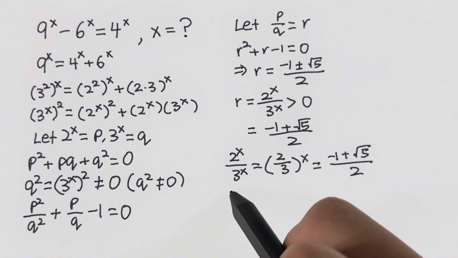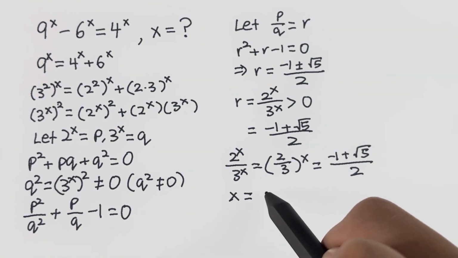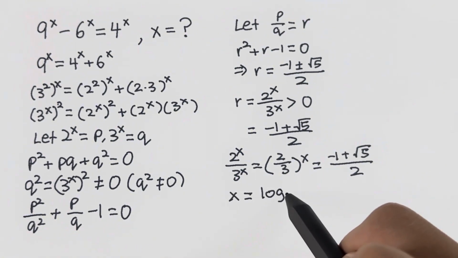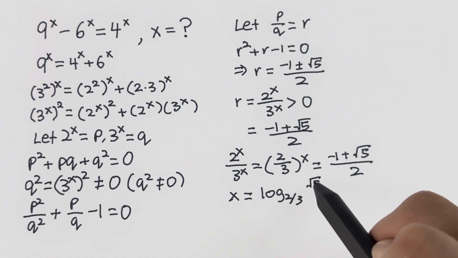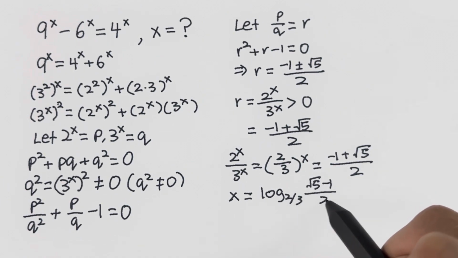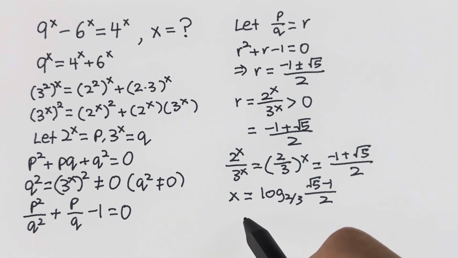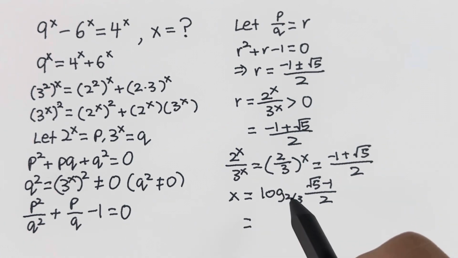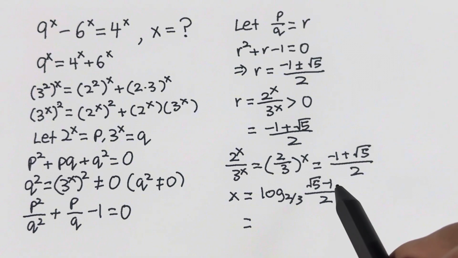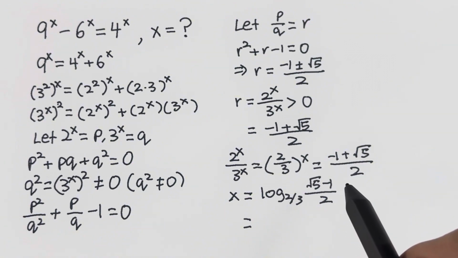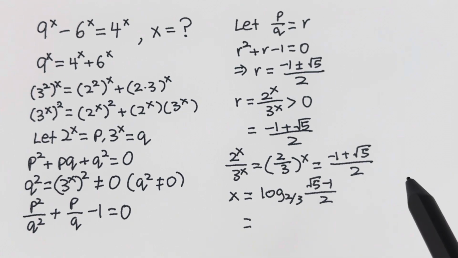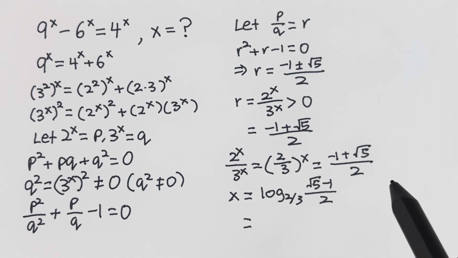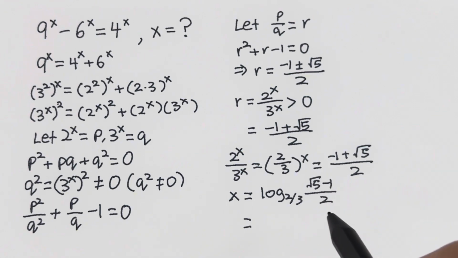So x will equal log base 2/3 of square root of 5 minus 1, divided by 2. Then you can use the properties of logarithms.